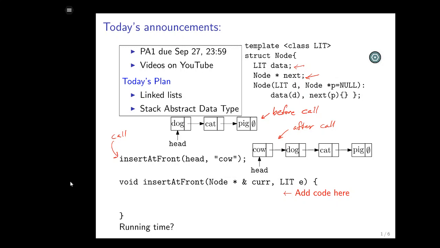Okay, so that's the template for the function, and you're going to figure out what code to add here, where it says add code here. But before you do that, I want to ask you a question. What the heck is that?